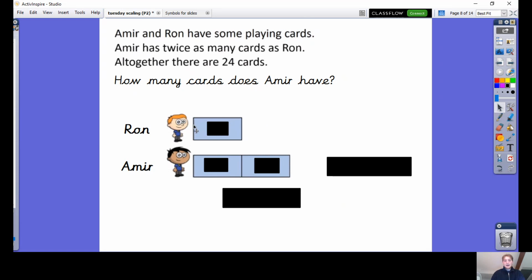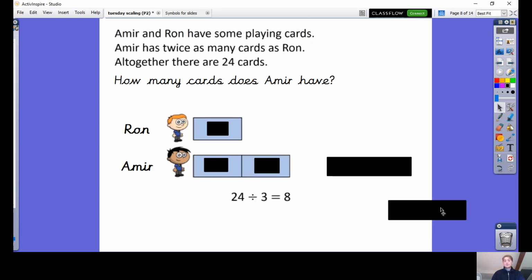Then we need to count up how many parts of the bar model there are altogether. There are 1, 2, 3. So we know we're dividing by 3. And we're dividing 24 by 3 because that's the amount of cards altogether. 24 divided by 3 is 8. Now we've got that, we can fill in our parts to our bar model.